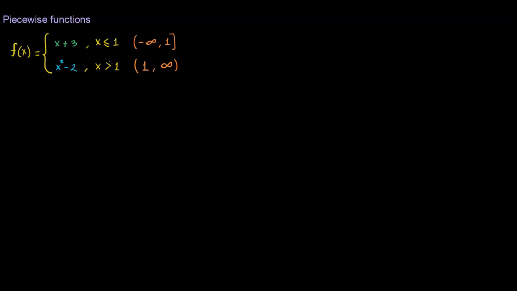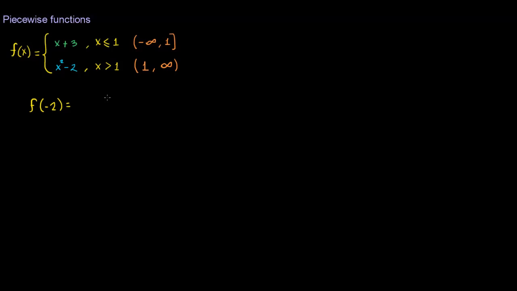Okay, let's proceed to do just 3 or 4 examples here to show how you would use this notation. I'm going to use a different color. Let's say I want to evaluate f of negative 2.